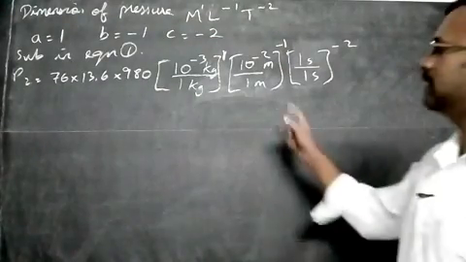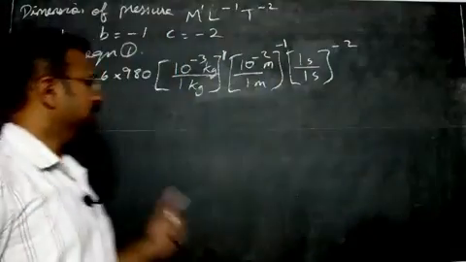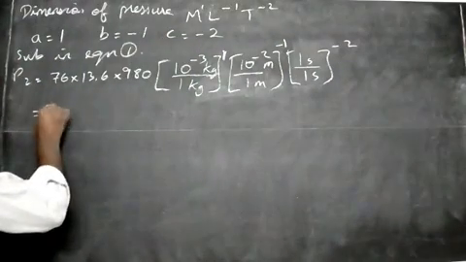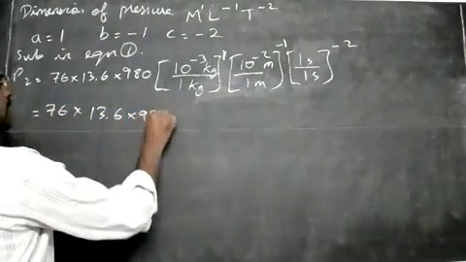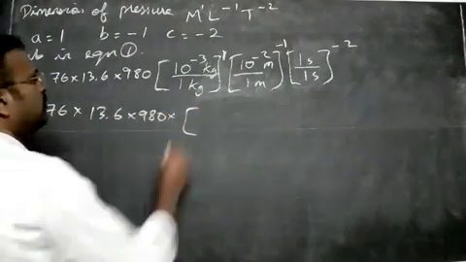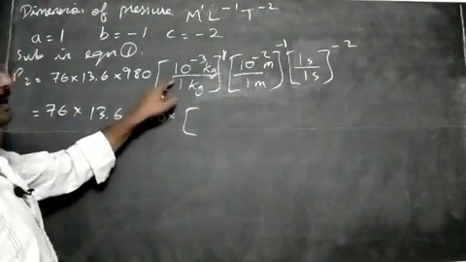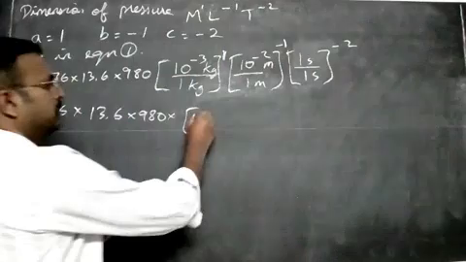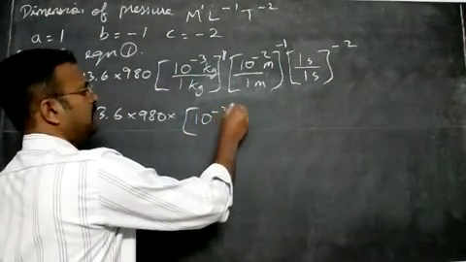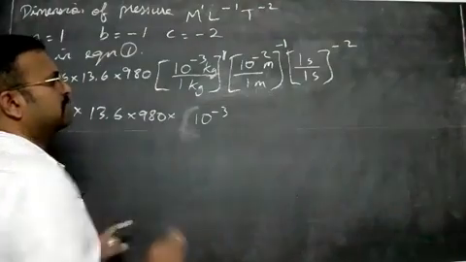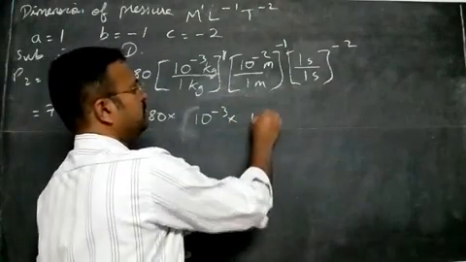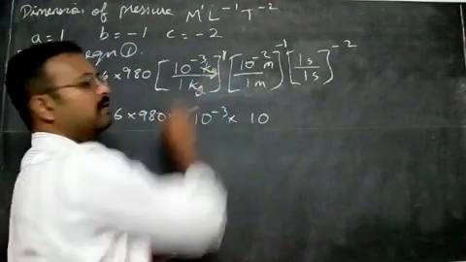So let us continue here now. Let us write this down. So 76 into 13.6 into 980 into this, 10^-3 by 1, that is 10^-3 only. Power 1 means nothing to change, we leave it as it is. So 10^-3 into the second one, and then you can see meter and kilogram cancel.